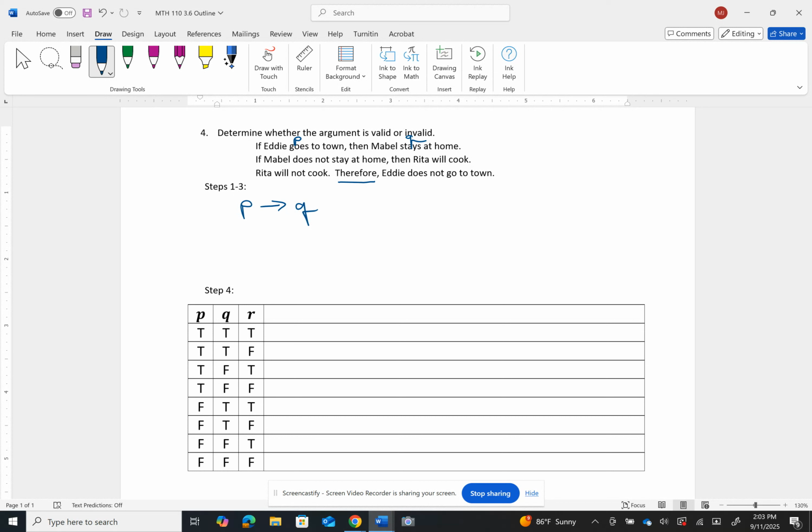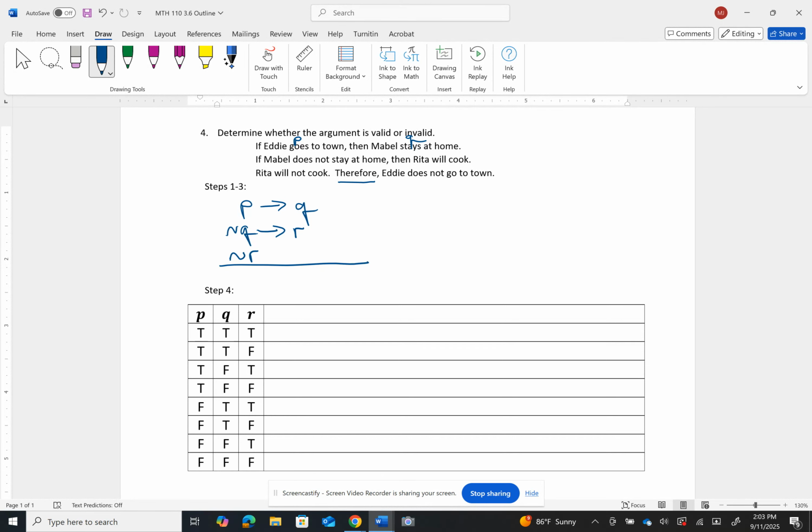So Mabel at home is Q, so Mabel not being at home would be not Q. And it says if that, then Rita will cook. So that's introducing a new thing, so that's going to be an R, and it's an if-then, so I used the arrow. And then Rita will not cook is not R.